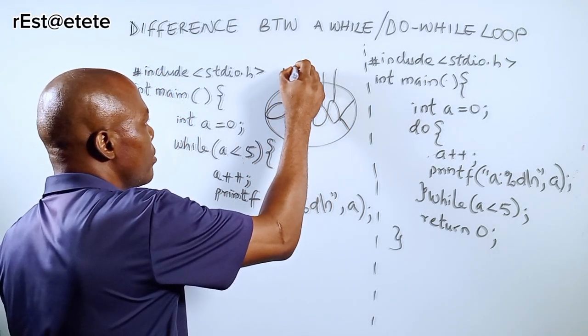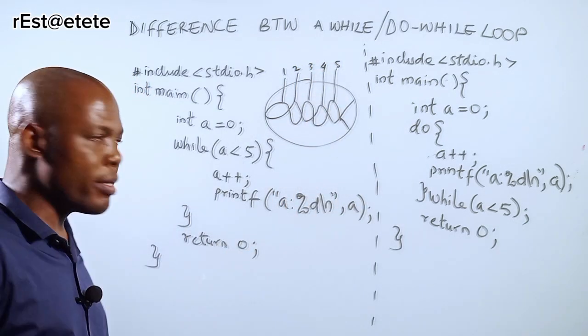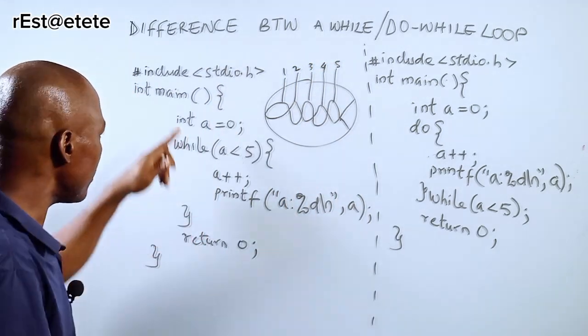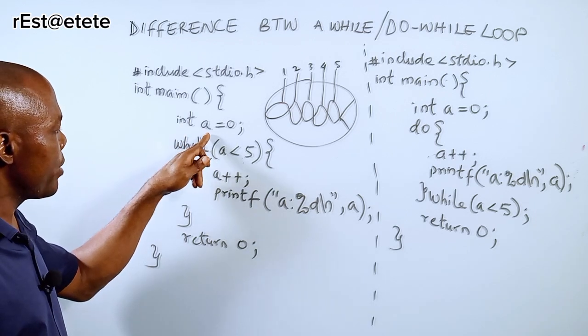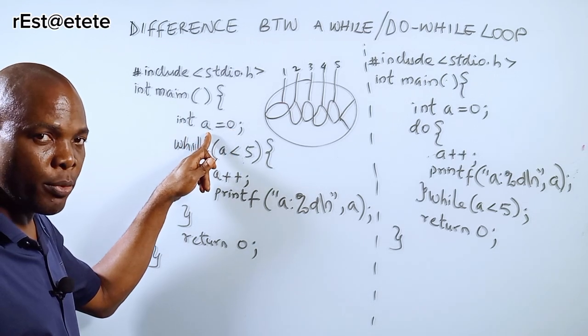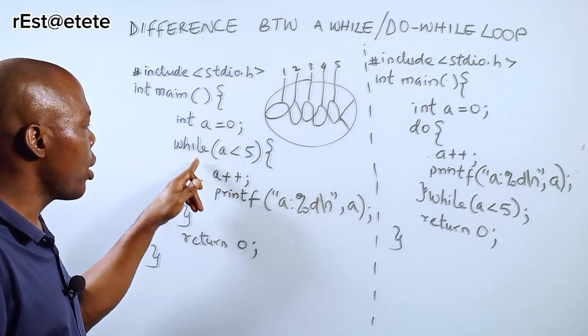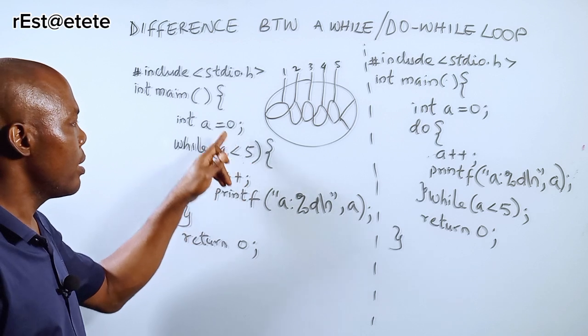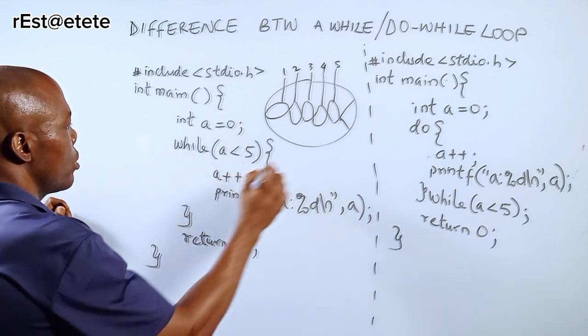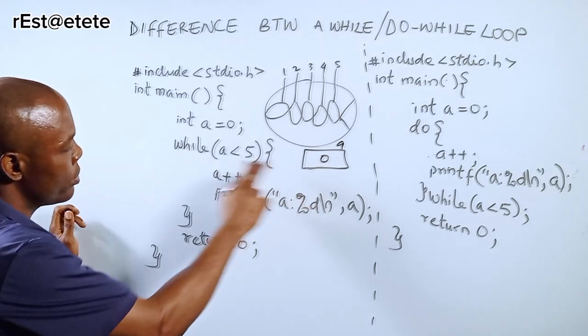So 1, 2, 3, 4, 5. The two programs will give me 5 iterations. First, here, I declare a variable A in the integer realm and assign 0 to it. Then to check the condition, is A less than 5? A is 0, so that is true.